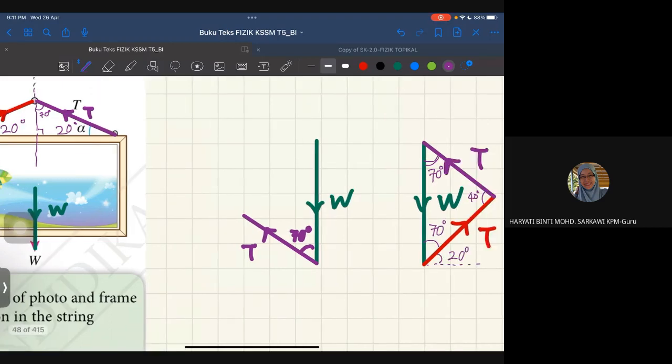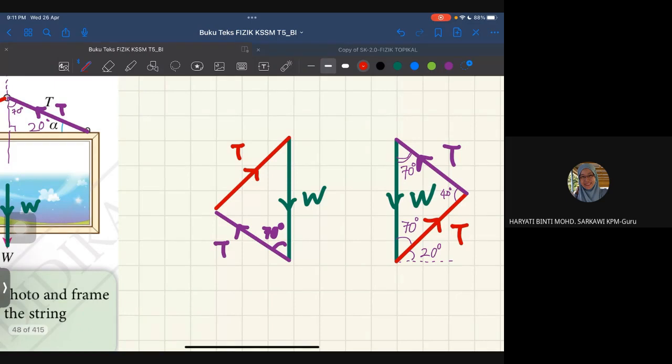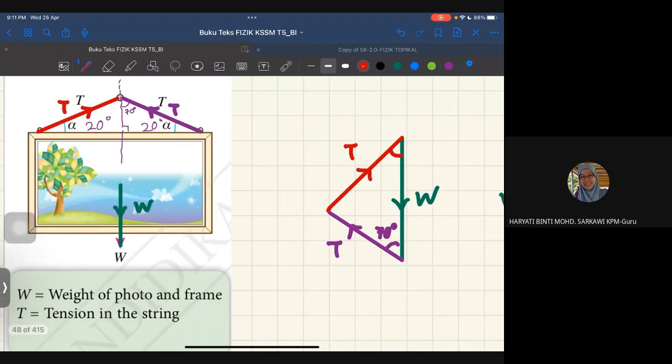And then the red T, I need to draw behind the purple T. So means that I draw like this. My diagram is not in scale. But when you label the angle, we know how the diagram looks like. So what would be the angle? So you can label here. So this angle is the same as this angle. What would be this angle? So can see this is 90, right?